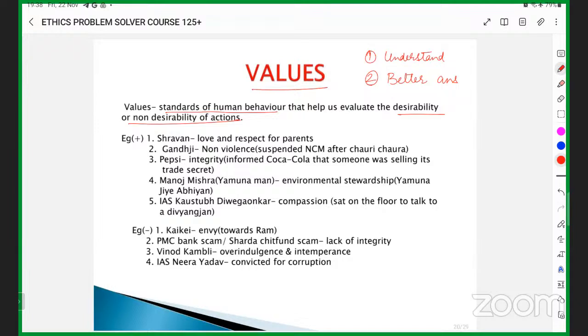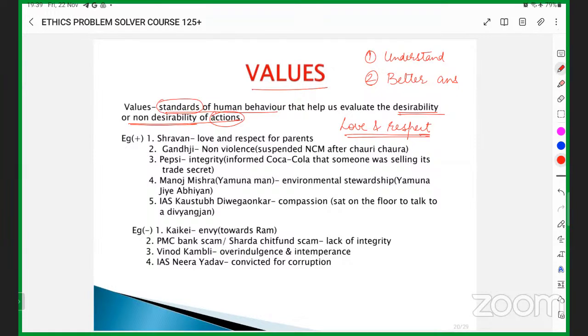Now, the basis on which you will be judging their conduct or their actions would be the value of love and respect. So, what is love and respect here? Love and respect here are the standards based on which you are deciding whether certain actions are desirable or non-desirable. Right? So values are basically the touchstones.